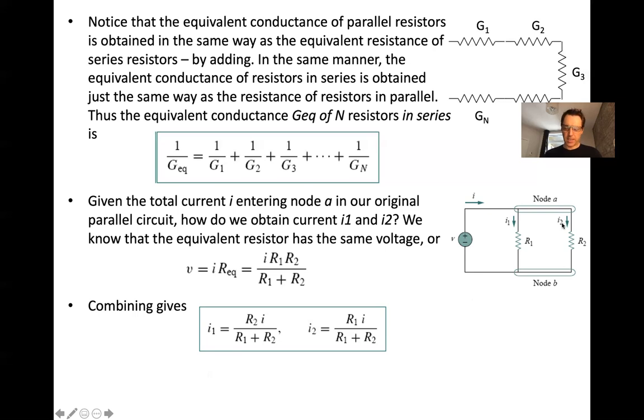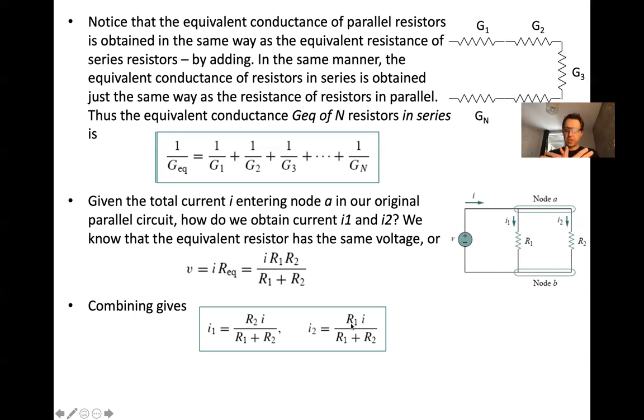Similarly, current I2 is equal to this expression divided by R2 because of Ohm's law. Ohm's law says that I2 is equal to V over R2. And so what you're left with here is R1 over R1 plus R2 times I. Notice what's happened. The current in branch 1 is proportional to the resistance in branch 2, whereas the current in branch 2 is proportional to the resistance in branch 1.